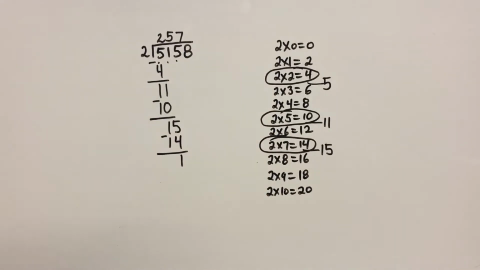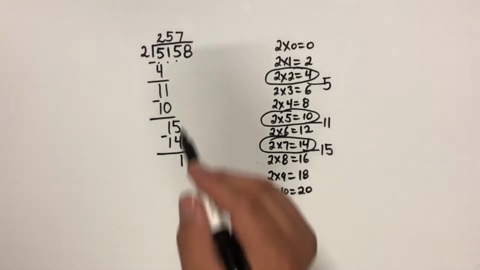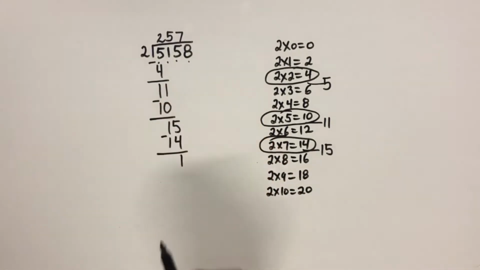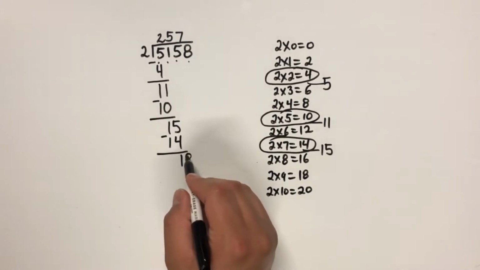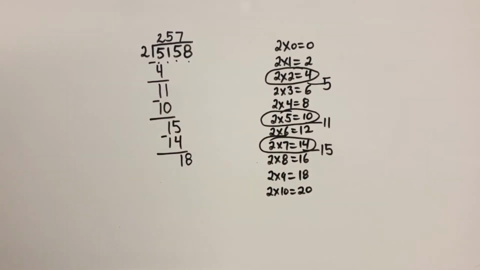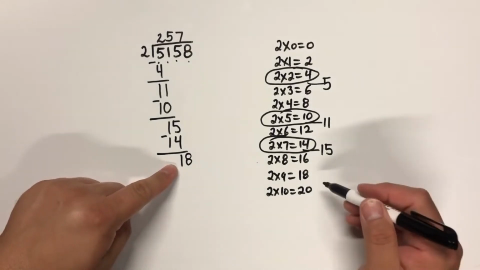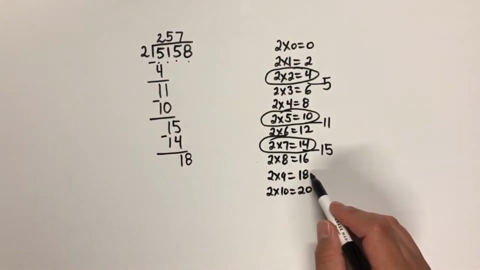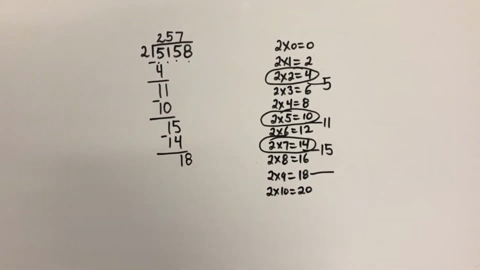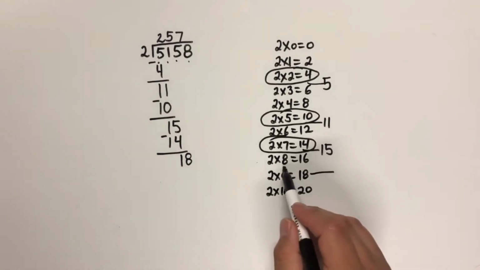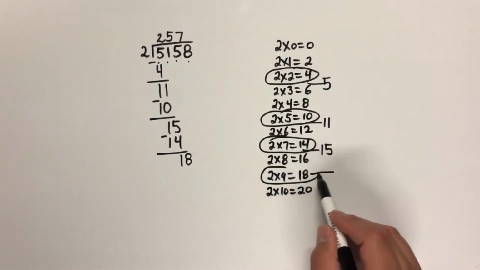And now I'm going to bring down the last number in the list, which is the number 8. I'm going to bring it down so that I now have the number 18. And then I'm going to repeat what I've been doing, which is squeeze the number 18 in between two numbers. But I can see that the number 18 is this number right here. There's nowhere else to squeeze. It's just that exact expression, 2 times 9 equals 18.